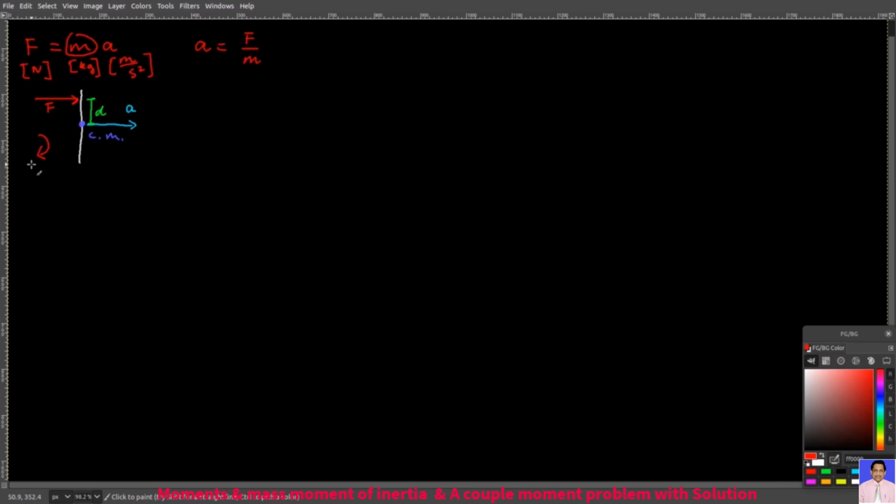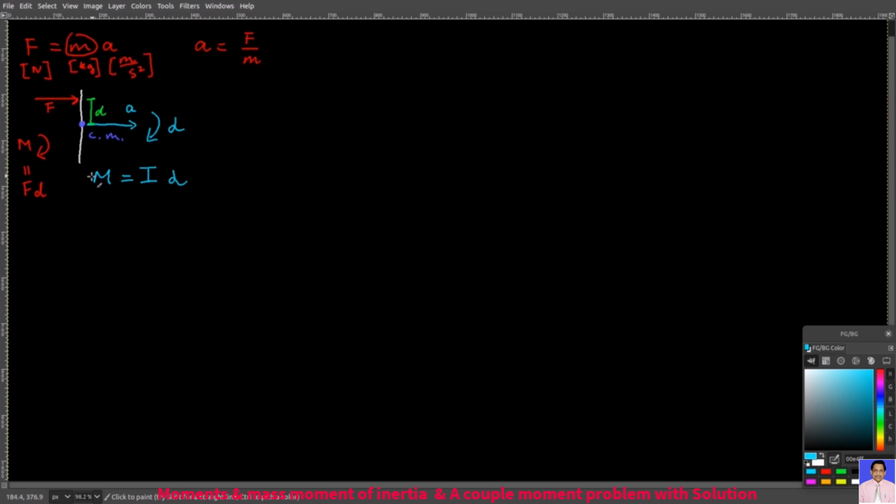That will create a moment that is clockwise, which is F times d, and that will also create a clockwise angular acceleration that we can denote with alpha. And then you have also learned that this moment also equals I times alpha.